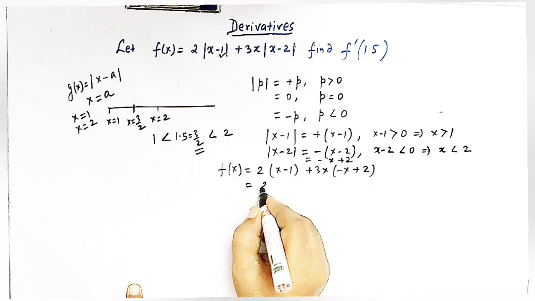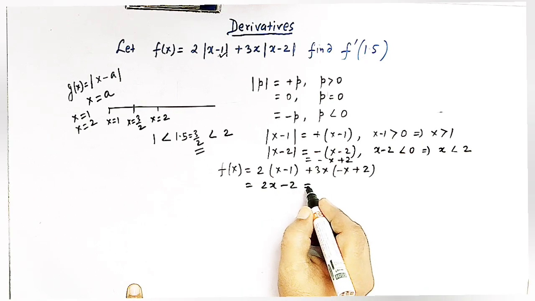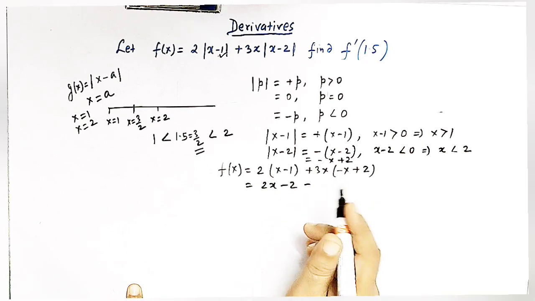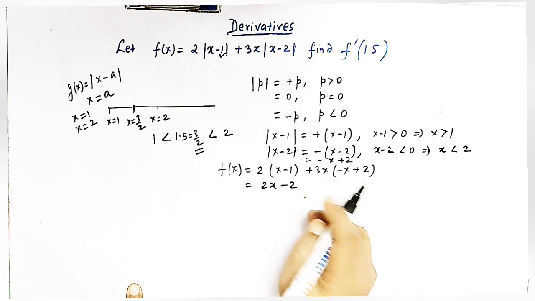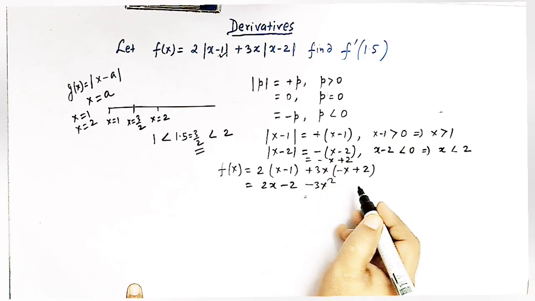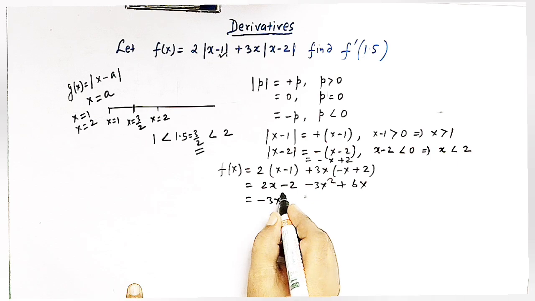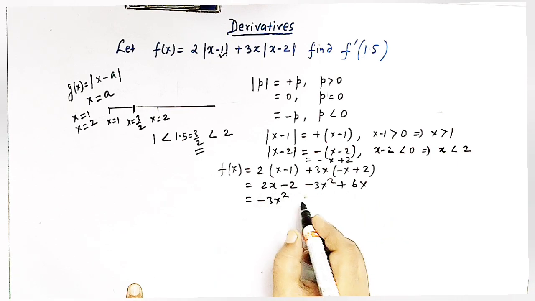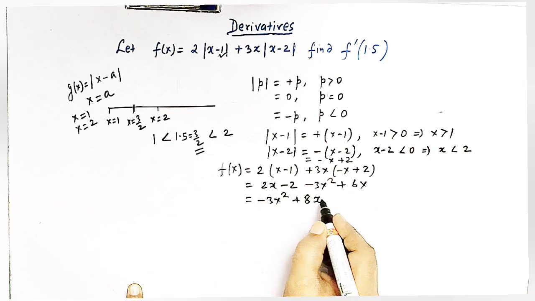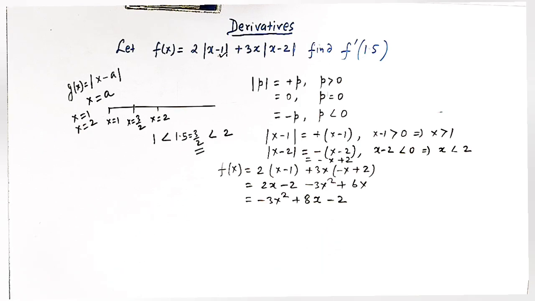So we can simplify: 2x minus 2, and here we have minus 3x square, and this is 6x. So now we can write minus 3x square, 6x plus 2x is 8x, and here we have minus 2.